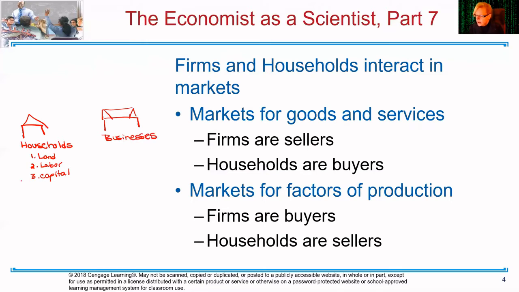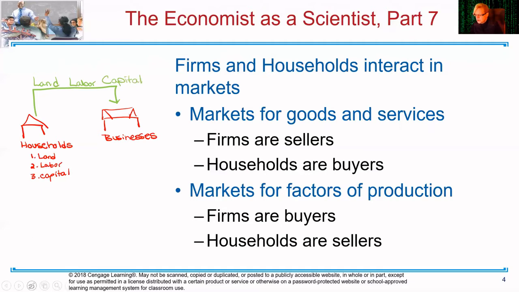So what essentially is taking place in the market for factors of production is that the households are selling land, labor, and capital to businesses.